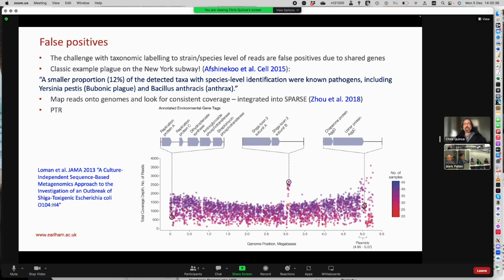And I'm not going to talk about it in detail, but I want to mention it at this point. There are actually some methods that utilize this. This is called the peak to trough ratio, and the magnitude of that ratio will reflect how rapidly the organism is dividing.